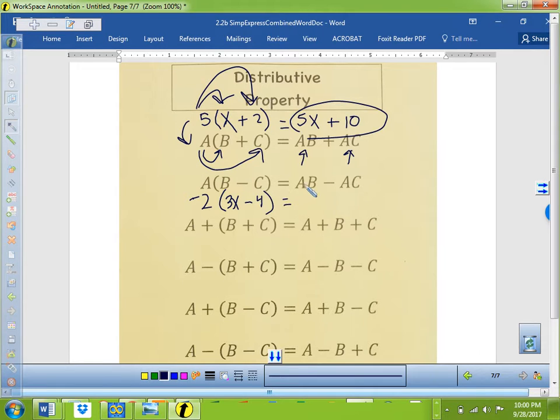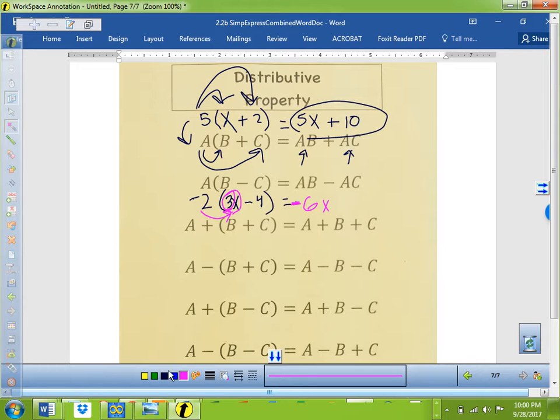This says you take piece A times B, so that's this times this. So here I go. I'm going to use a different color here. I'm going to take negative 2, and first of all, I'm going to times it by that 3x. When I do that, negative 2 times 3x is negative 6x.